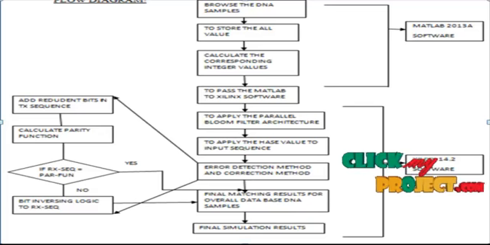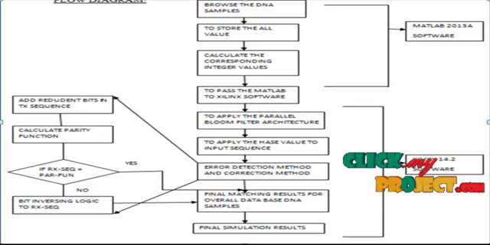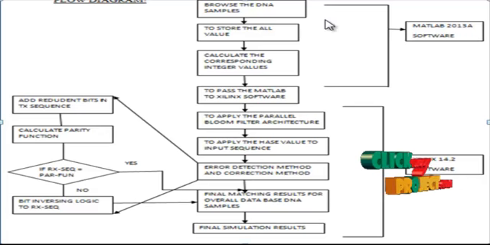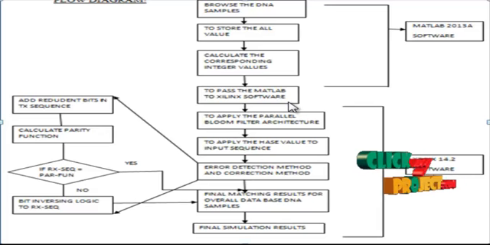So we pass all the integer values and write them to a text file. Then the MATLAB 2013a software processes this stage. Then all the text values are passed into the Xilinx software, which reads all the values in the selected text format.